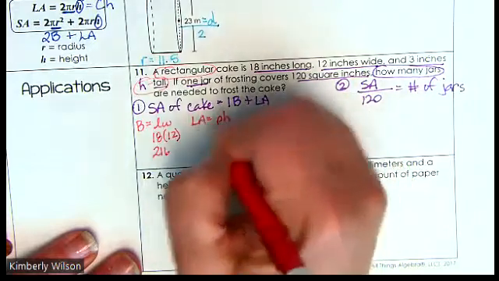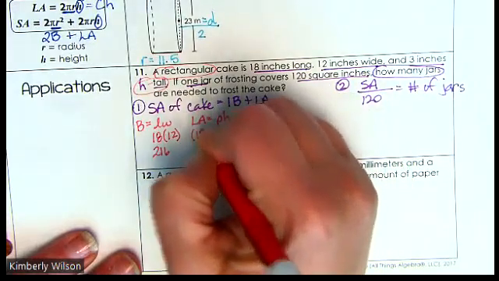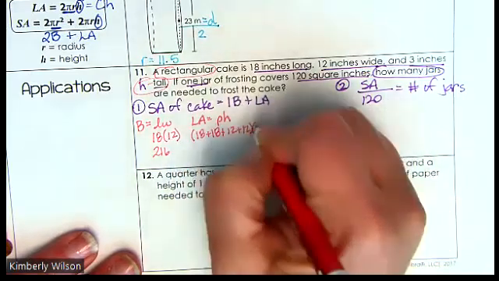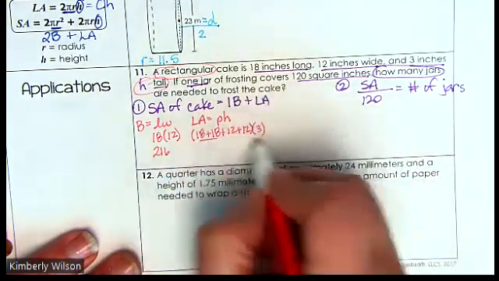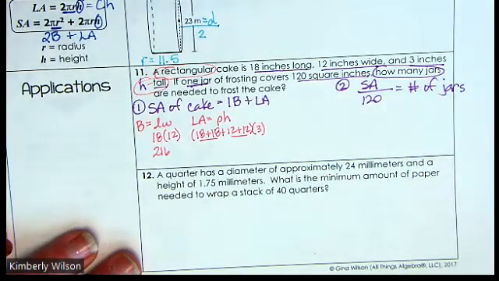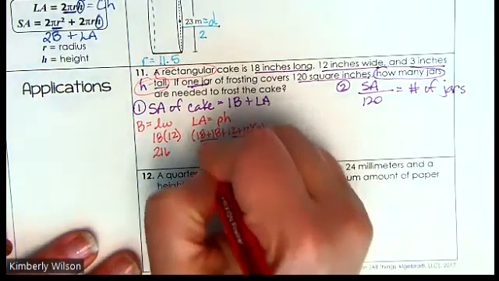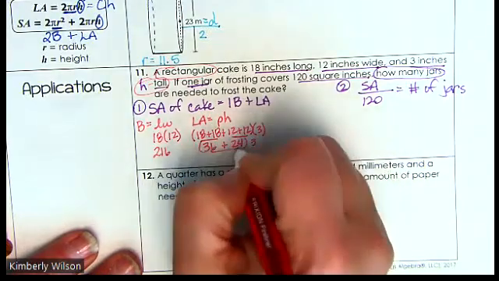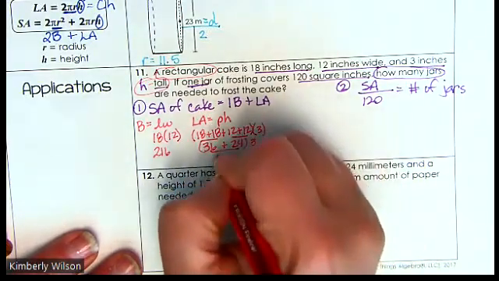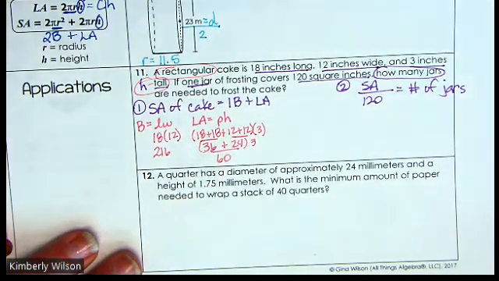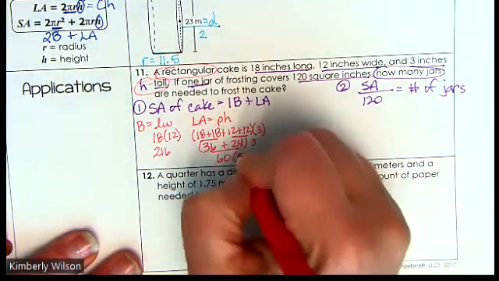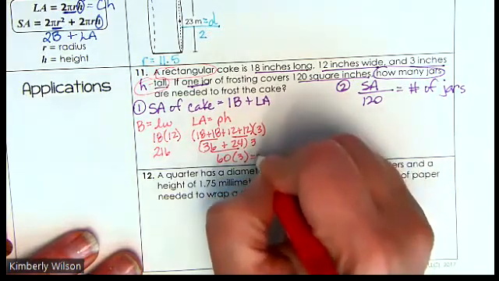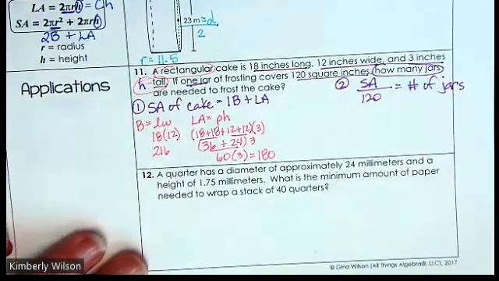So perimeter, that means I'm going to have 18 plus 18 plus 12 plus 12 times 3. This is 36 plus 24 times 3. So that's going to give me 60 times 3. So that means that my lateral area is 180.